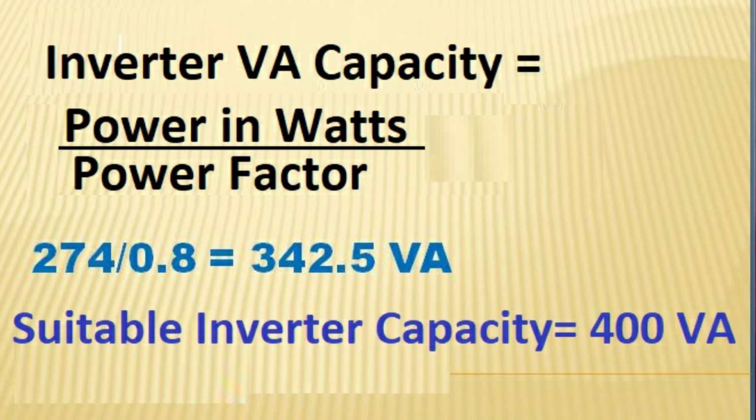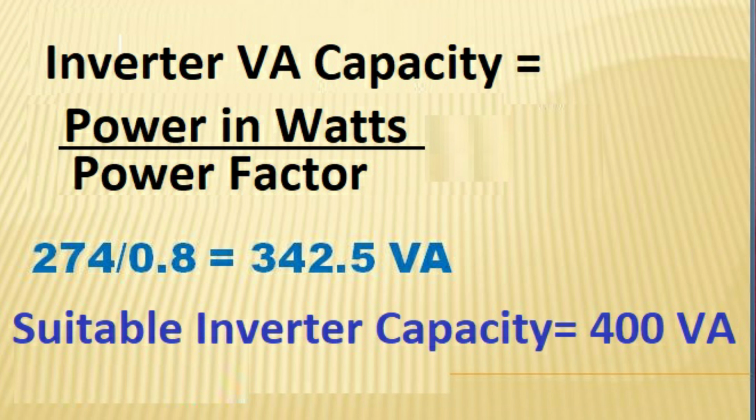Already we have calculated the power consumption as 274 watts and power factor as 0.8. Therefore, the VA rating of an inverter is simply 274 by 0.8. That equals 342.5 volt amperes.